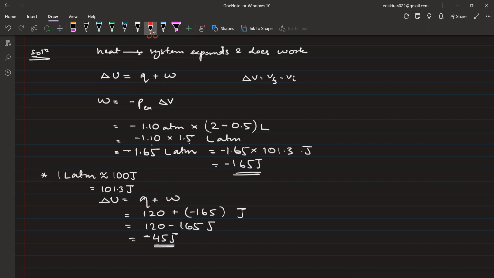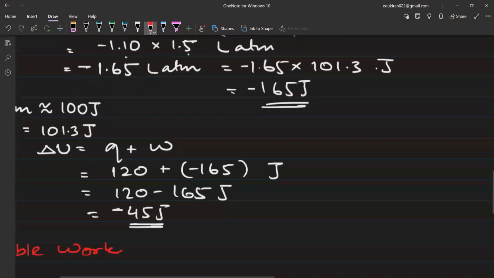After this, we will write the topic reversible work. Okay, in reversible work, we will look at the case in which we were putting 1 grain of sand at a time. And slowly, we were increasing the external pressure.